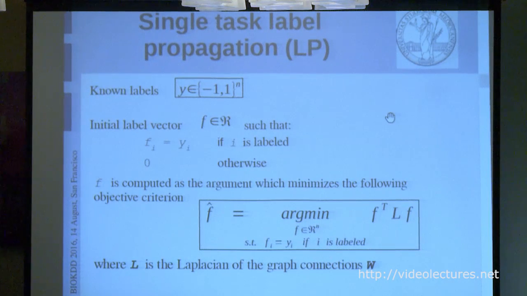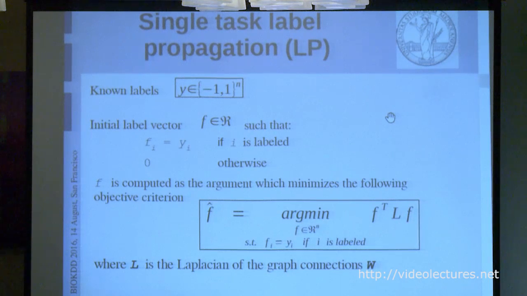We encode these labels in the vector y, and the aim is to compute another vector f, which is a kind of membership function. It's a real vector such that the higher the score assigned to an unlabeled node, the higher the likelihood that this node is a positive for the task we are going to predict.